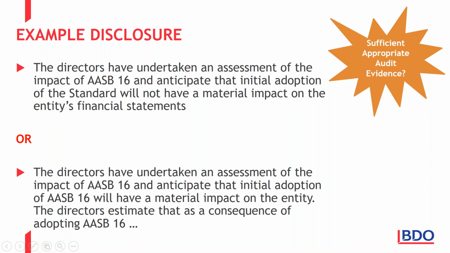The directors estimate that as a consequence of adopting AASB 16, and then you disclose the impact on right of use asset, retained earnings, lease liability, ongoing profit, etc. So I think it's really important to do a full assessment, and do an appropriate disclosure depending on whether it has a material impact or not. And whatever you put in the financial statements, do you have sufficient appropriate evidence to support that assessment?